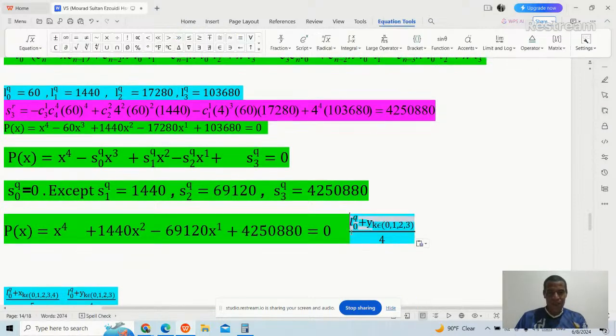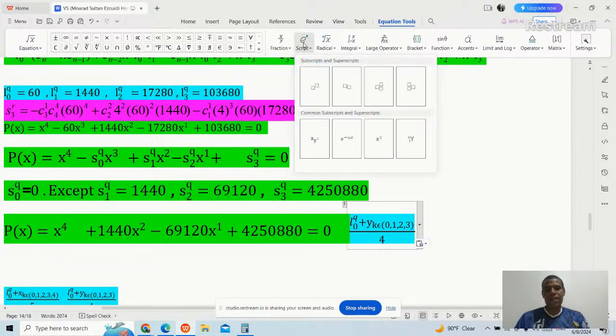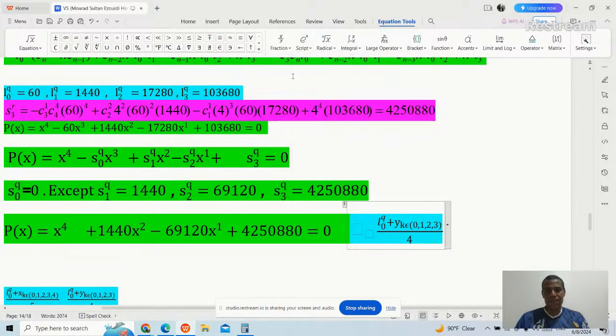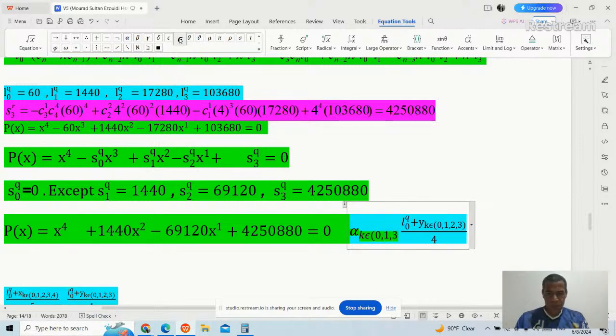The roots, I will write here alpha indexed k, where k belongs to 0, 1, 2, 3 and 4.